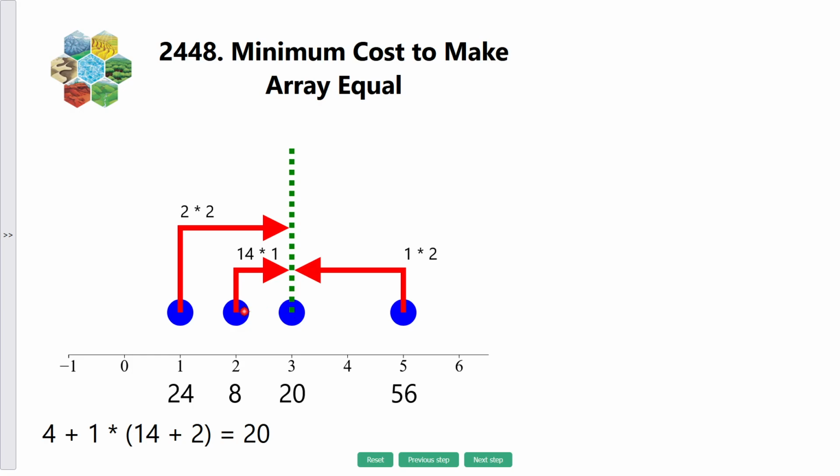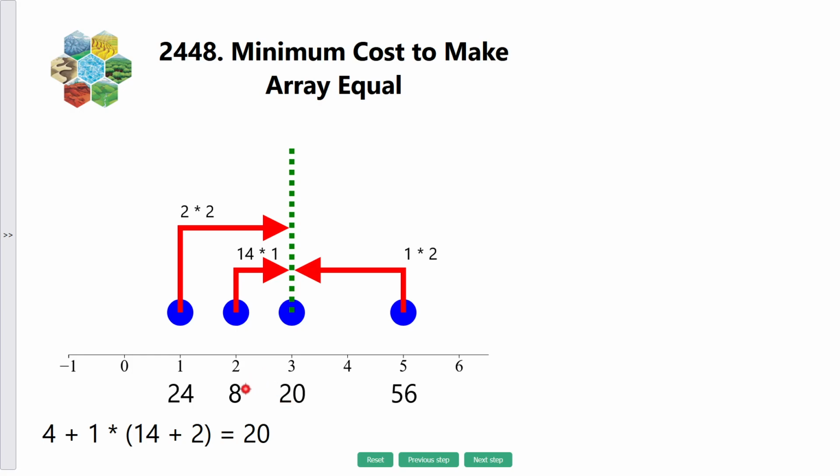That's why for every dot before 3, their cost will be added with the distance multiplied by their unit cost summary. That is, I'll add this line here. That is, the distance is 1 and the unit cost is 2, and here the unit cost is 14. So at last, we can see our answer is 20.